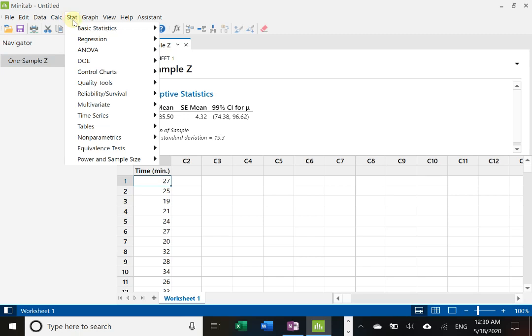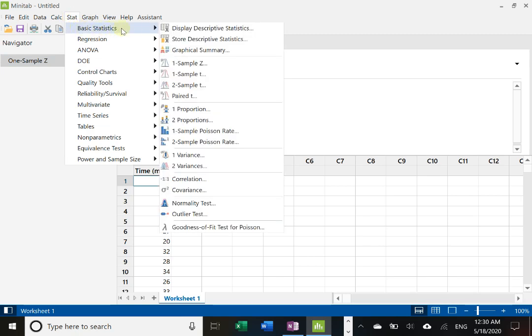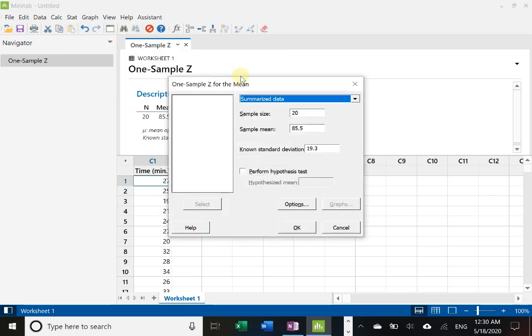So you go Stat, Basic Statistics, and then One Sample Z, and then you don't need to put these numbers in. You drop down and you see one or more samples, each in a column, because that's what we're going to have. If you left click once inside of this box, it gives you the column where the data appears.